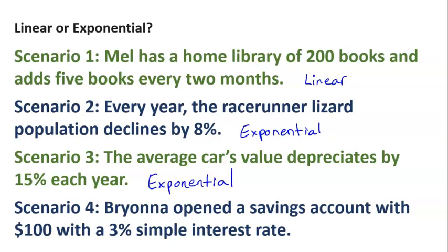Scenario 4 says Brianna opened a savings account with $100 with a 3% simple interest rate. And so whenever we have simple interest, that's going to be linear. So with that savings account, it is 3% of that $100 every single year.